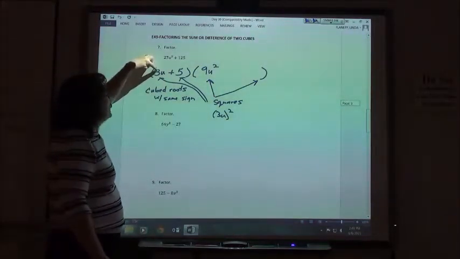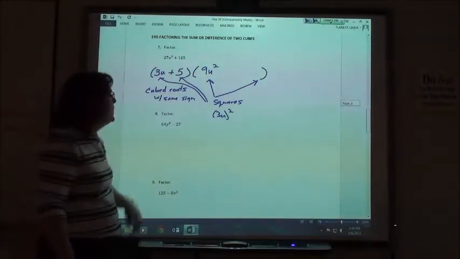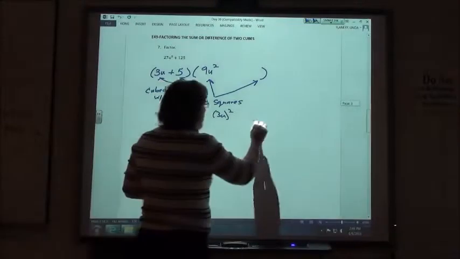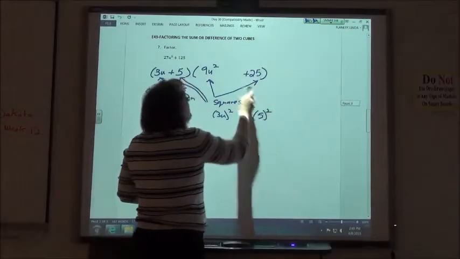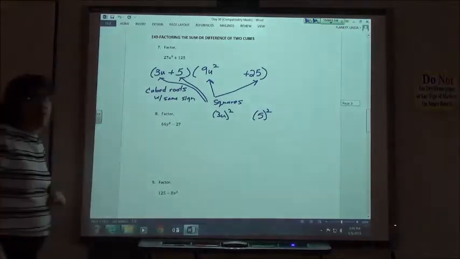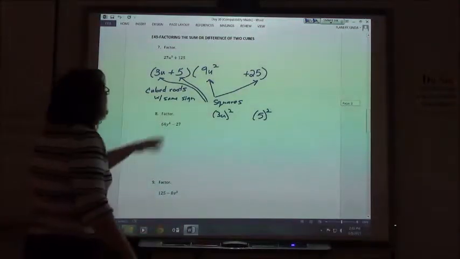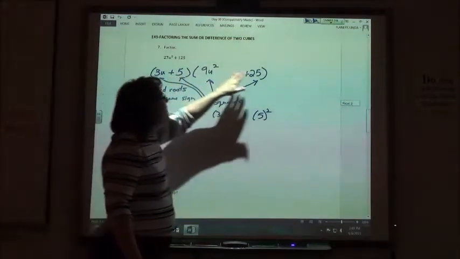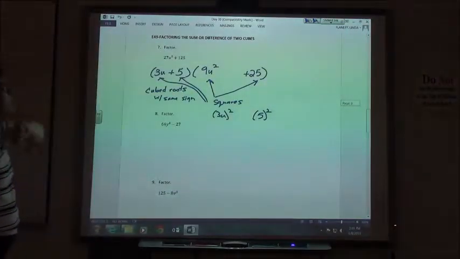So that you should be able to take 3u times 9u squared, get 27u to the third. I'm going to square the 5. 5 squared, 25. That should always have a plus sign in front of it, because if I square something, it's always positive. Right? Even a negative times a negative gives me a positive. So that if I take positive 5 times a positive 25, I get a positive 125.